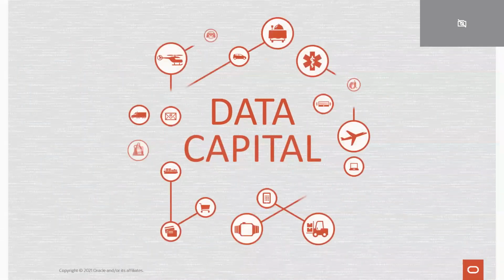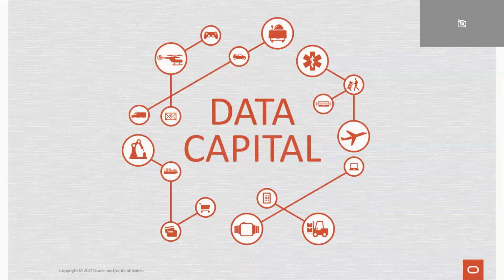I think I want to start by looking at data as a kind of capital, not like minerals, oil and gas that you mine, but something you invest in and create.